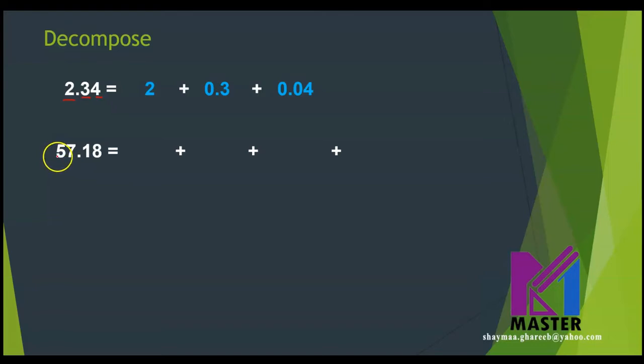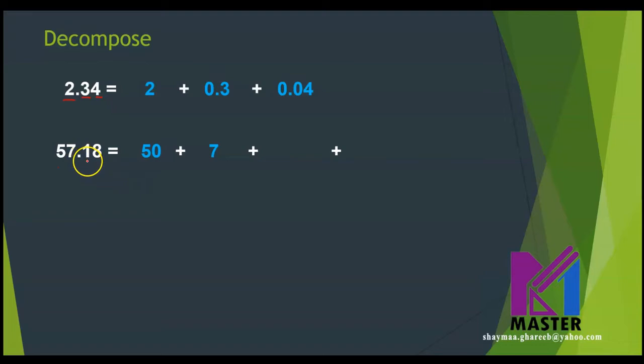This 5 is in the tens place. When I read it, 50. So its value is 50. Now, what about this 7? We say 57. This is the tens place, and this is the ones or the units place. So the 7 has a value of 7.